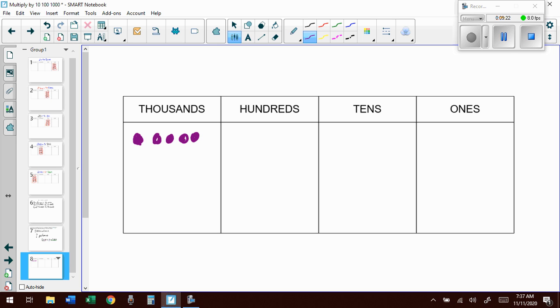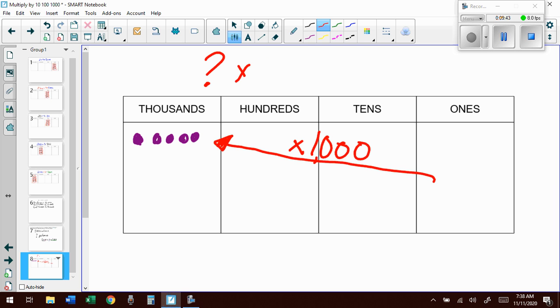And we know that something, starting from here, times 1,000 equals 5,000. Now remembering our pattern, what times 1,000 equals 5,000?